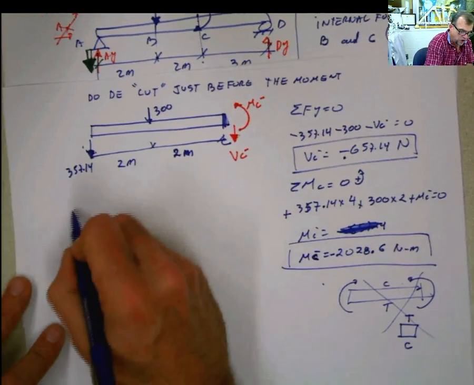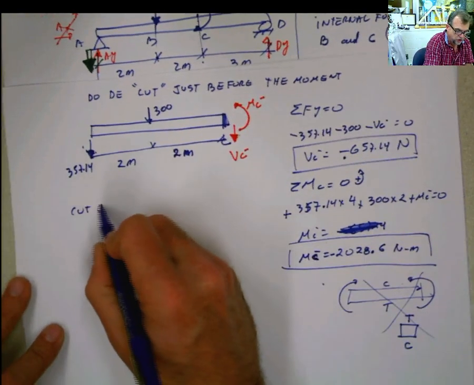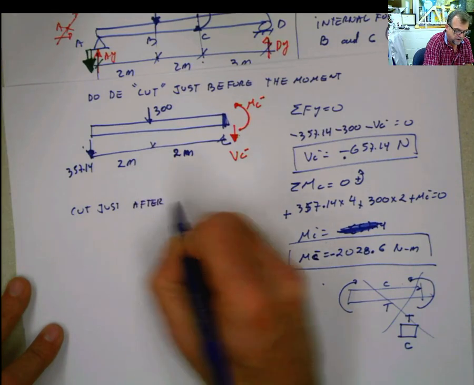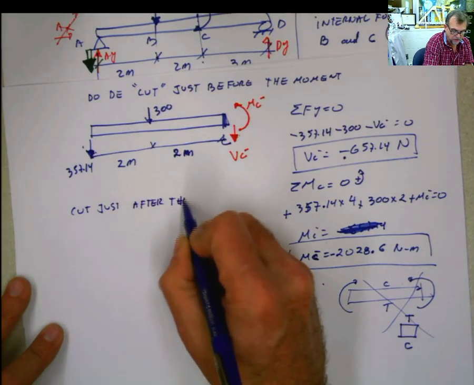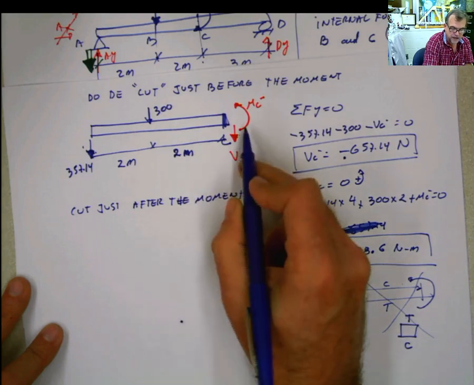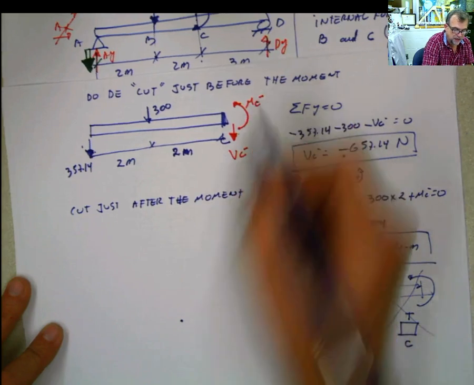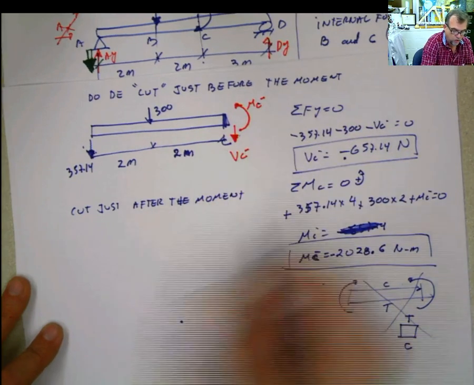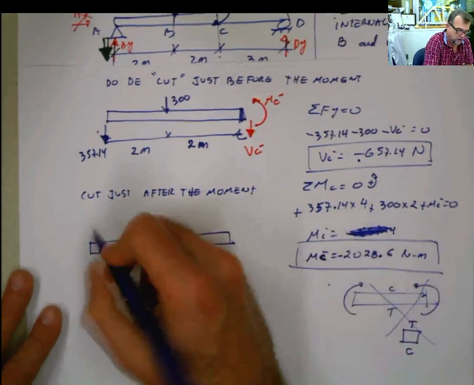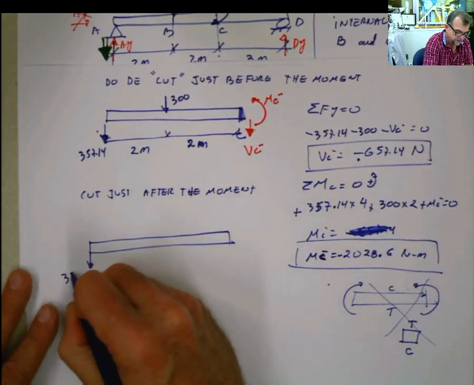Now cut just after the moment, or the point C, if you will. In this case, the moment was considered that it was not applied. Now I'm going to do exactly the same section that I did before. What is the difference? This value is the same.